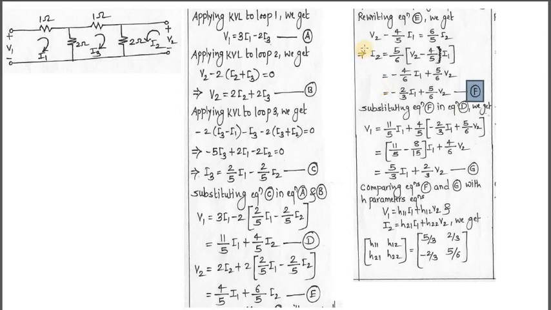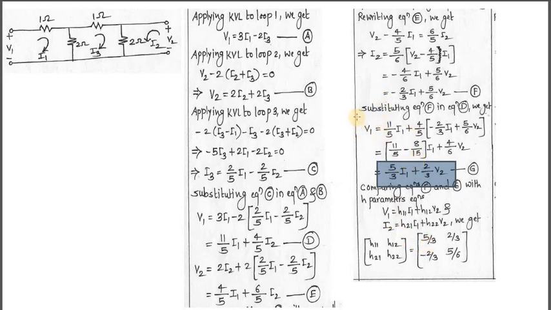Then I will substitute the value of I2 in terms of I1 and V2 in equation D, so that I get this equation, and ultimately what I get is V1 in terms of I1 and V2. This is what we exactly wanted to find out h parameters. So look at this.